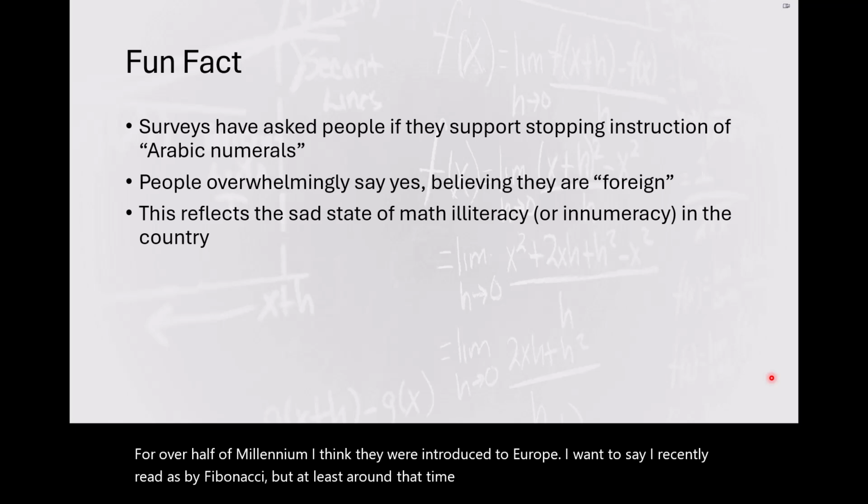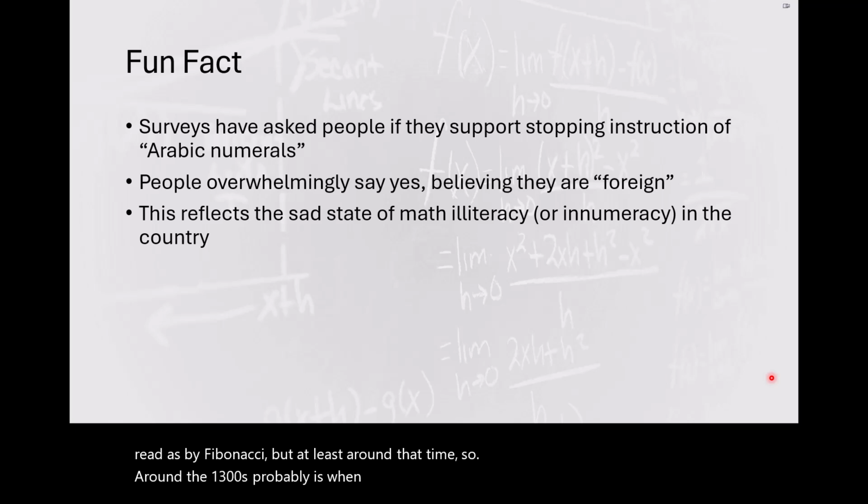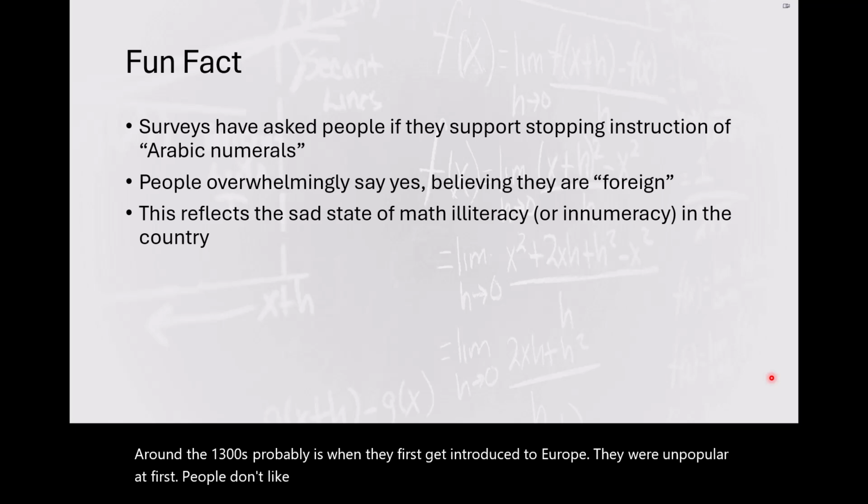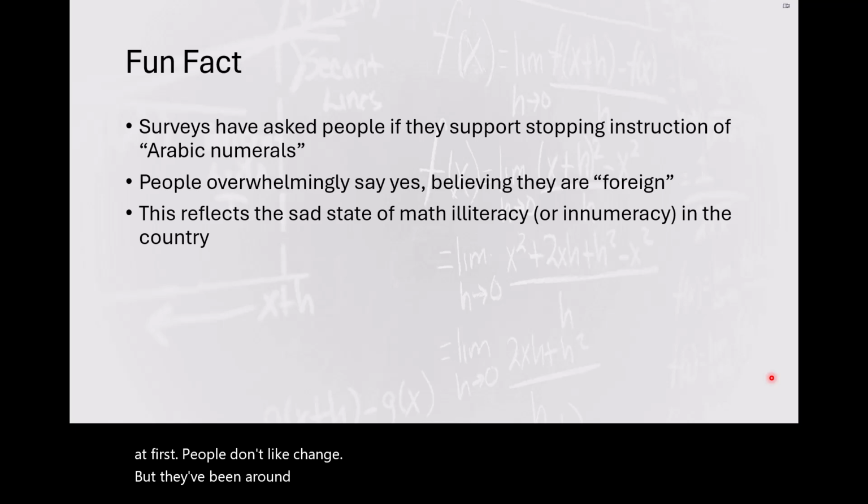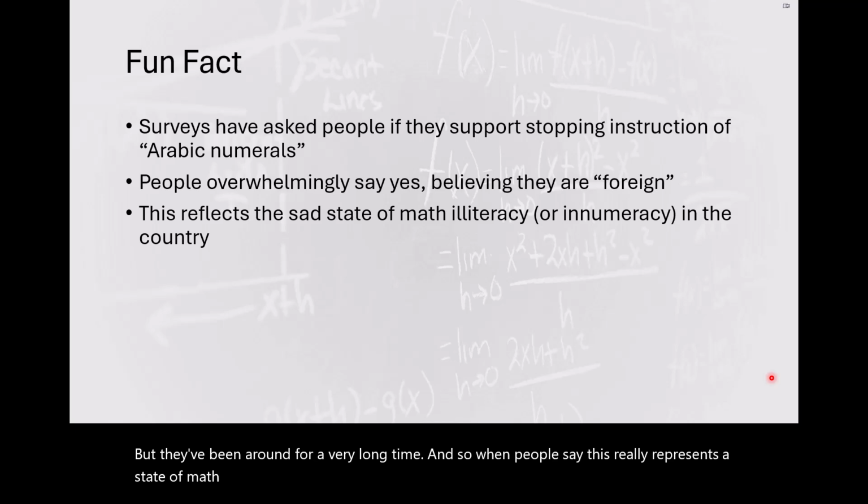So around the 1300s probably is when they first got introduced to Europe. They were unpopular at first. People don't like change. But they've been around for a very long time. And so when people say this, this really represents a state of math illiteracy as well as a state of ethnocentrism in the country.